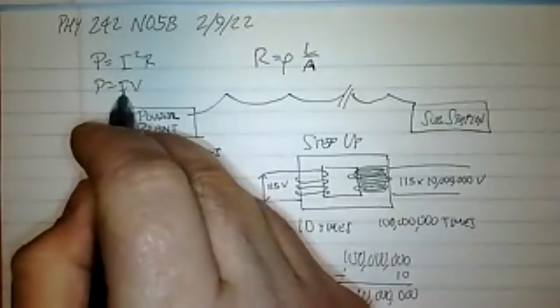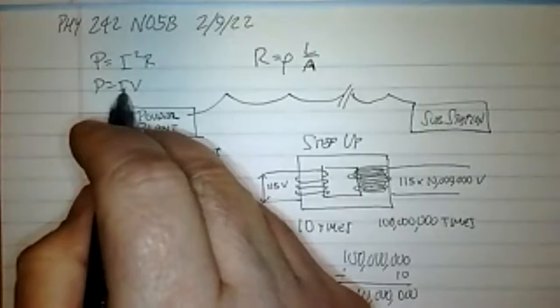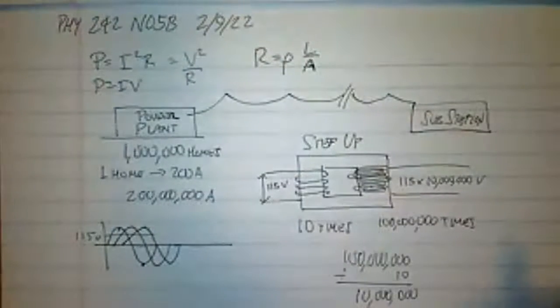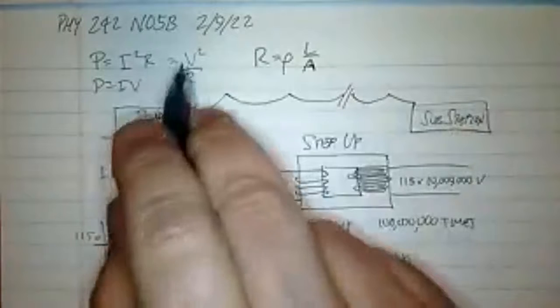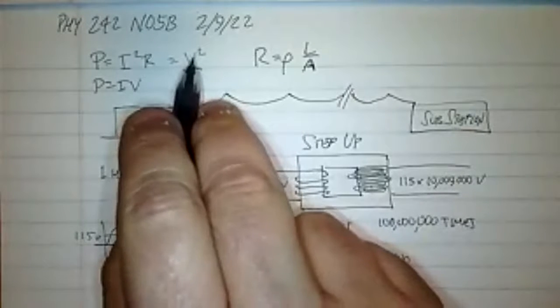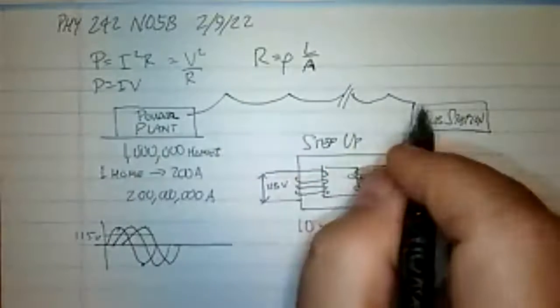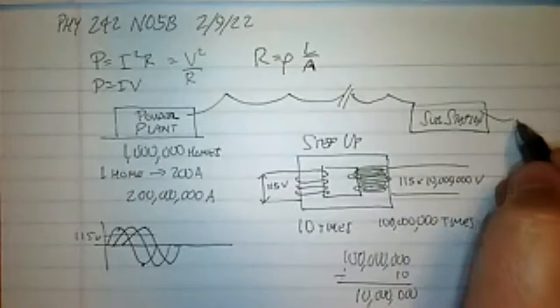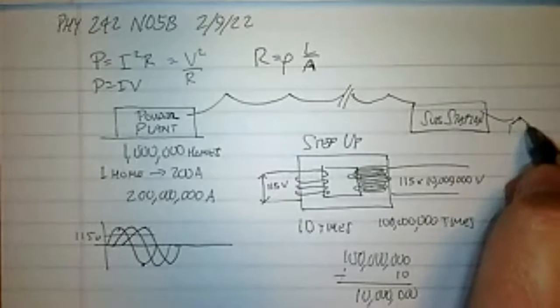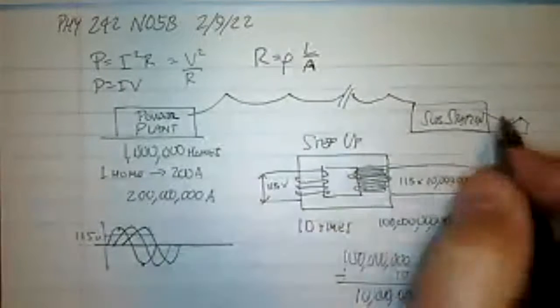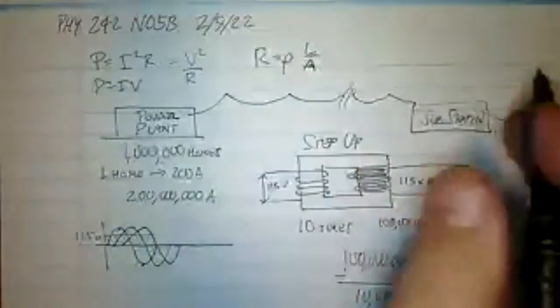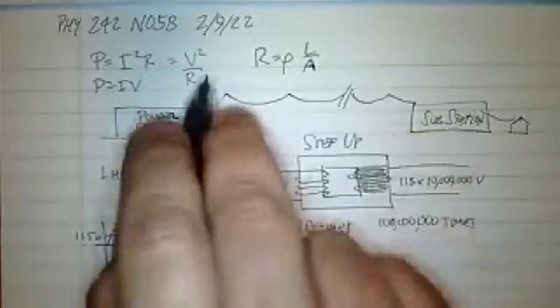Now that seems crazy, like, oh crap, now I've got that. And I remember the other equation, in addition to P equals IV, when I replaced I with V over R, I got V squared over R. So you might think, well, this is horrible, but what you've got to remember is V is the voltage difference between the power point and the substation / your house. So there's our little house here, right? So that voltage is, again, something that's really related to the current that you run through it.